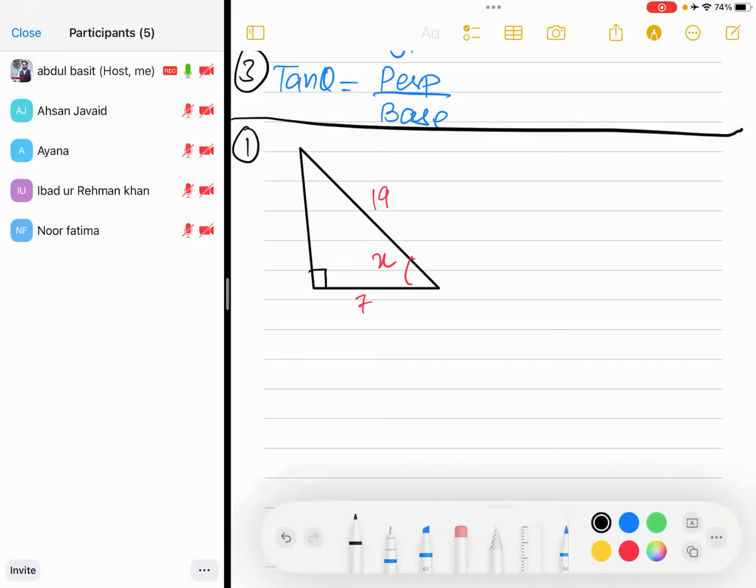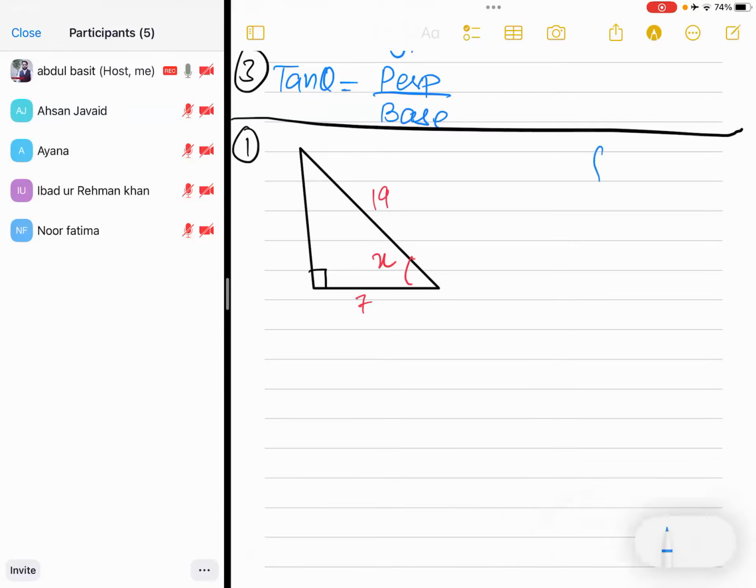Asan, what is the name of 19? What is the name of the side with the digit 19? Asan, I am taking your name. You have to tell me what is the name of the side with digit 19.